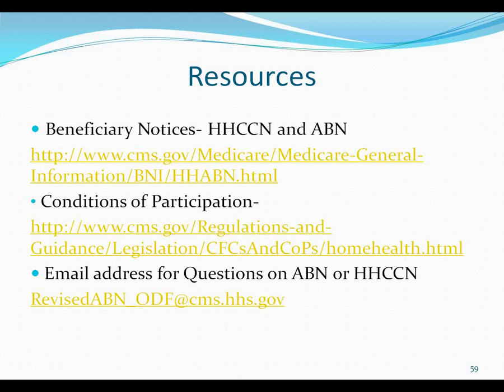And at the very top, you actually see HHCCN underlined, so you would click on that link, and then it opens up some zip files. So the English is there, the Spanish versions are there. You want the Word documents. They also have them in PDF form. The regulation is there. The change request is there for both the HHCCN and the ABN. It's a really good resource.